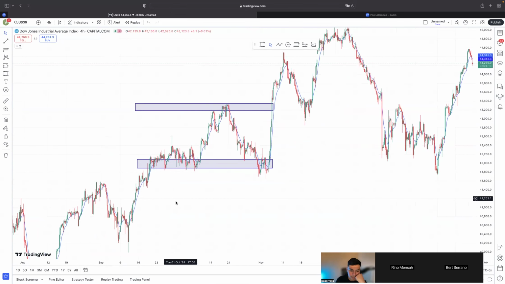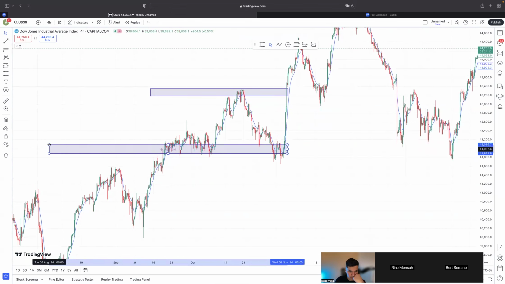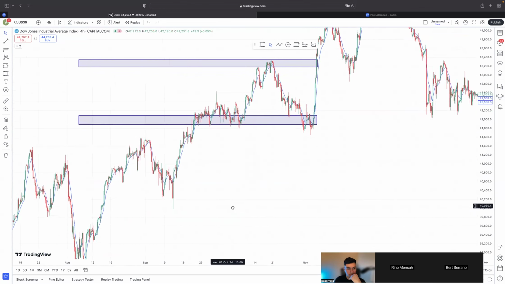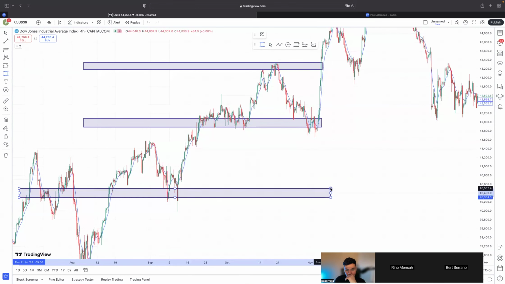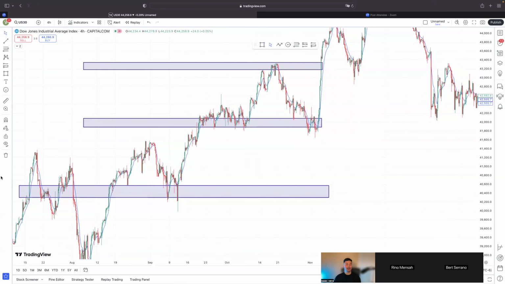So what happens? This is another support. Support is basically a key point where the market has bounced back from a certain specific level.